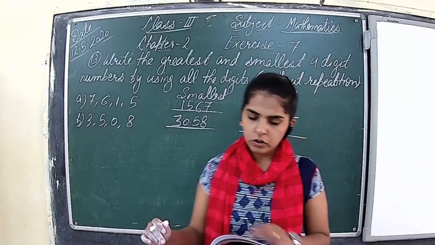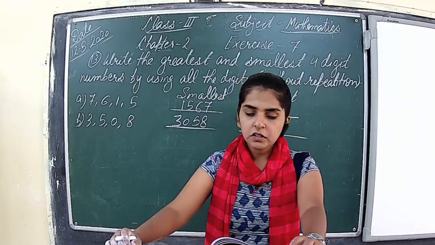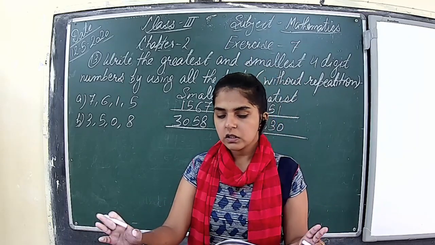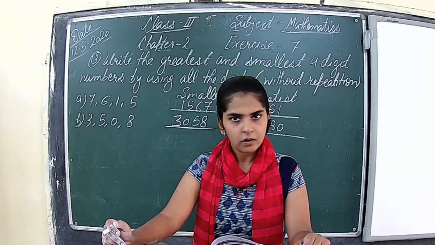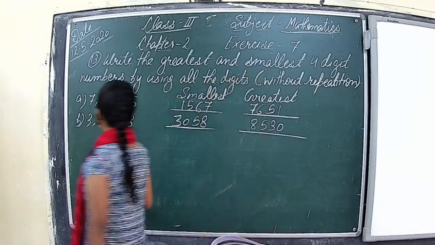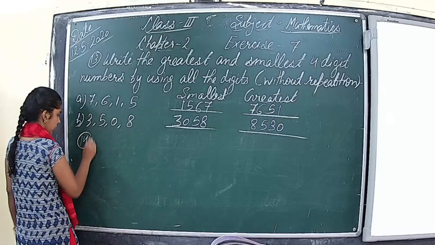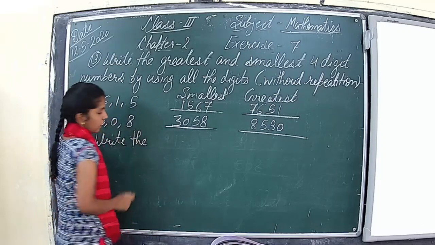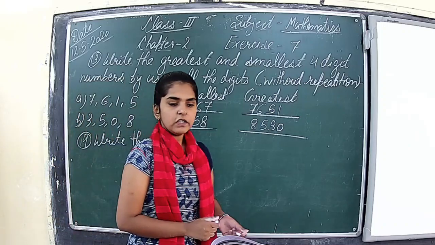Now let us see question number 14. Write the smallest and the greatest 4-digit numbers using 3 digits only.